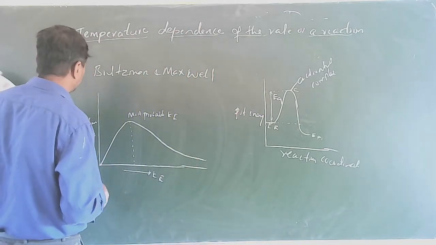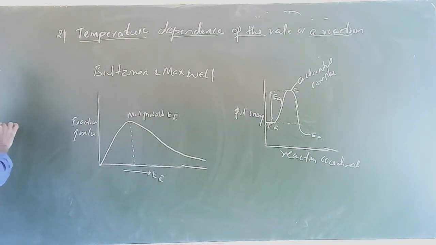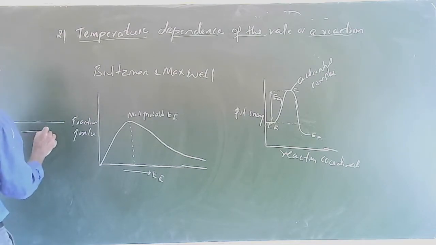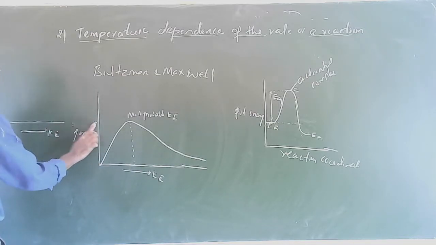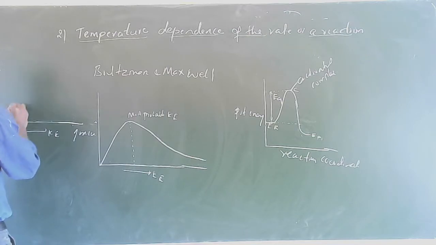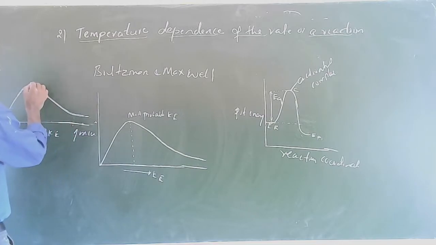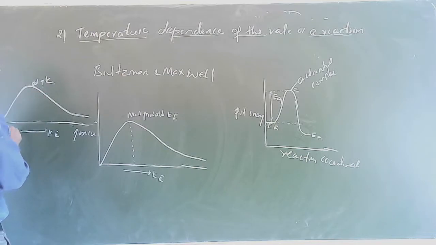Now you look at another graph. This is the fraction of molecules against kinetic energy. This is the graph at T degree centigrade, which we have already drawn. After a 10 degree centigrade increase, what happens?